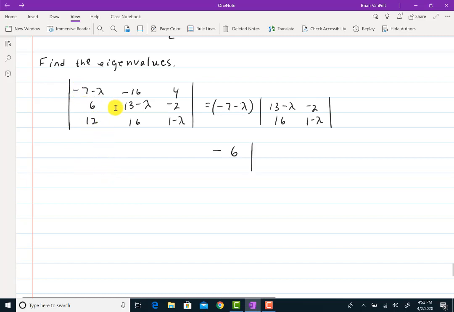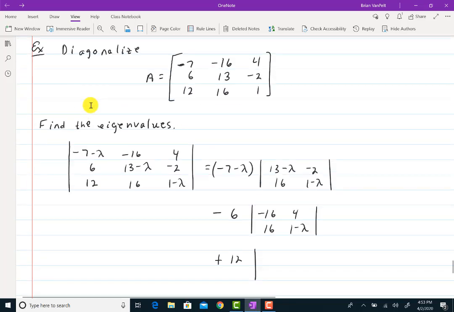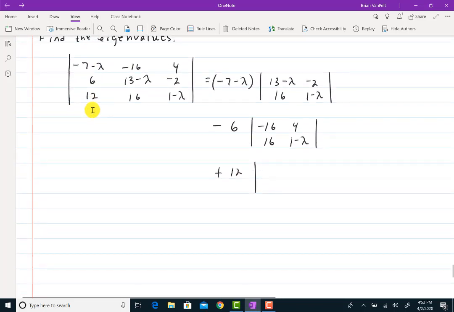And if I eliminate its row and its column, what's left? -16, 4, 16, 1 minus lambda, and then plus the 12, and eliminate its row and eliminate its column, and I'll get -16, 4, 13 minus lambda, -2.